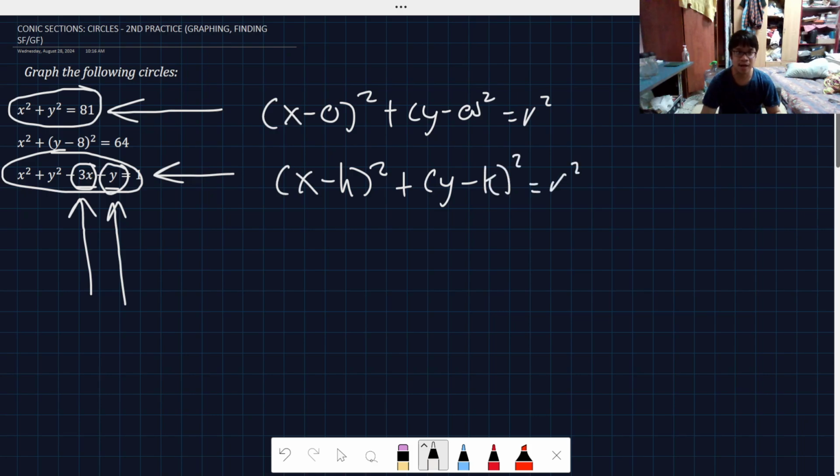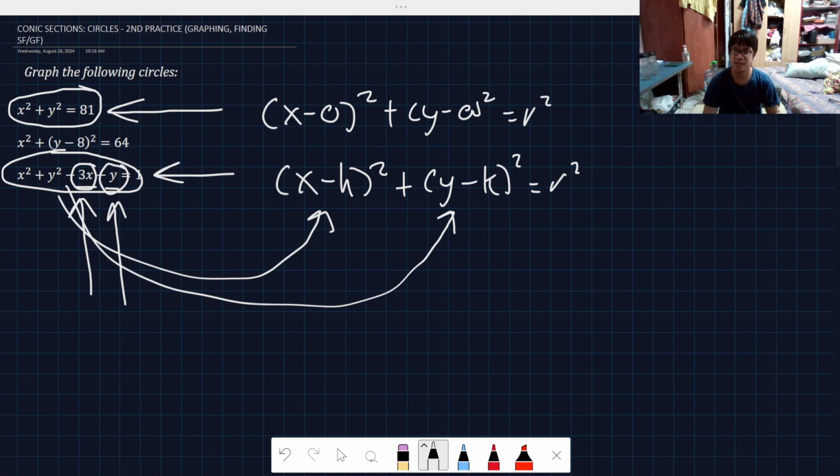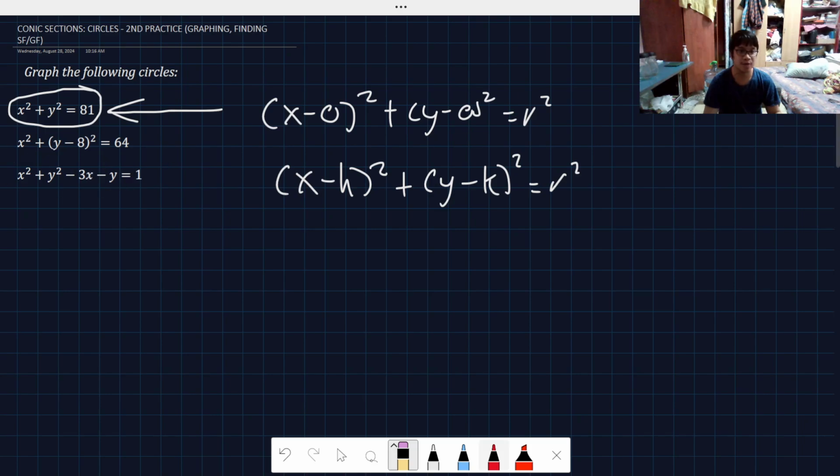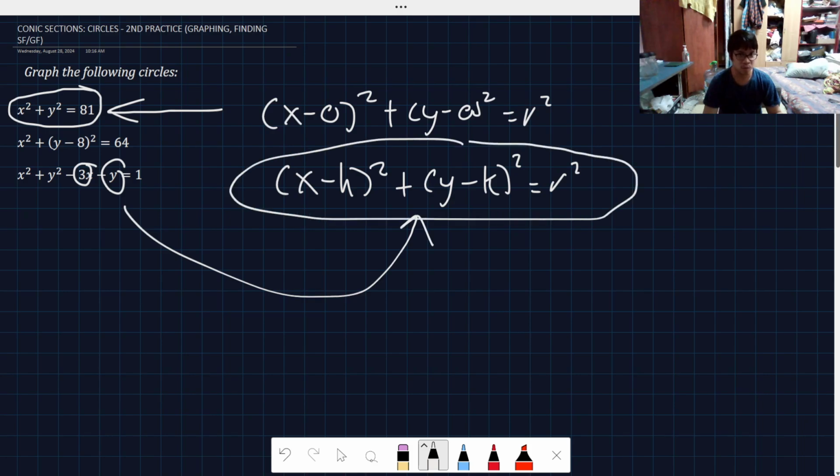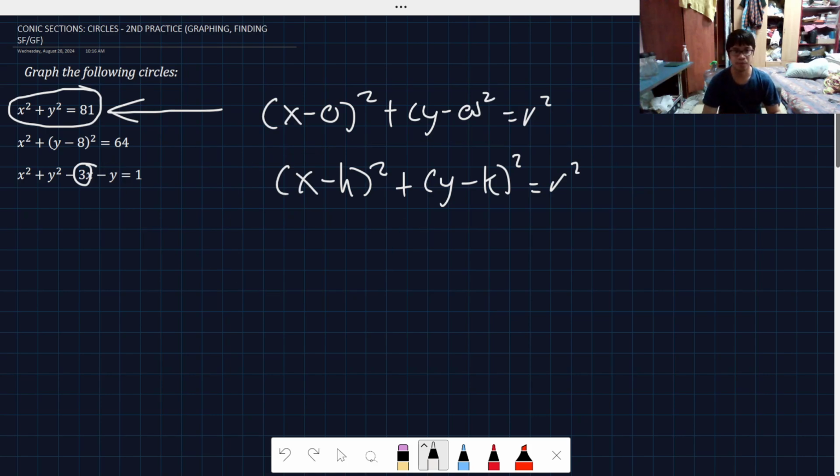Your x will be in parenthesis squared and your y would be in parenthesis squared. And how do I know that? Because if you have x not just x squared and y not just y squared, automatically it will look like this. Your h will be given as well as your k. So there, I found out that this is not in standard form.